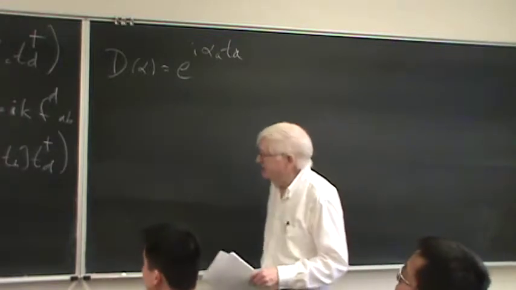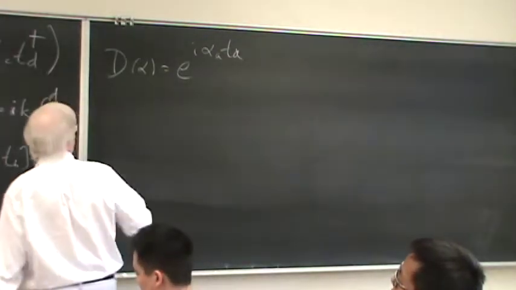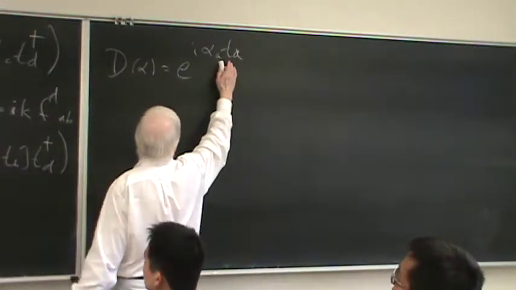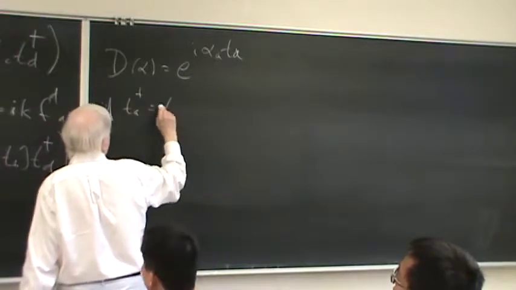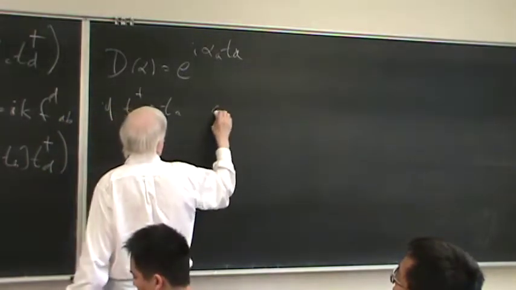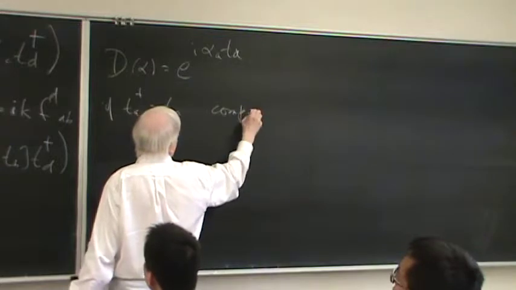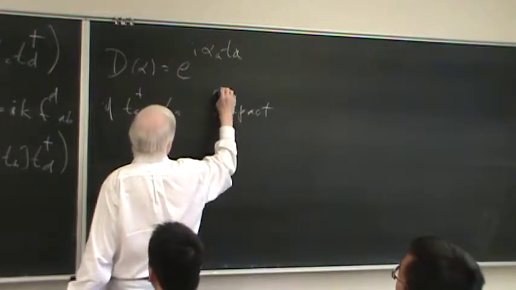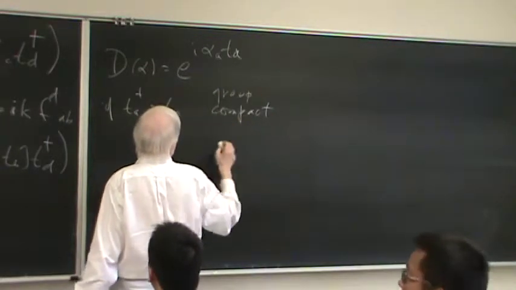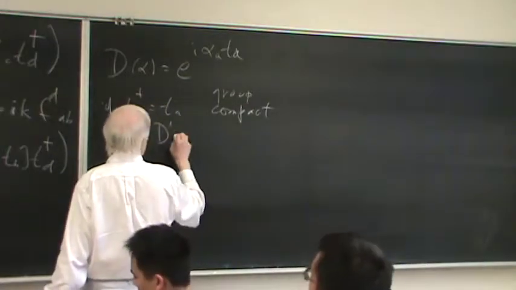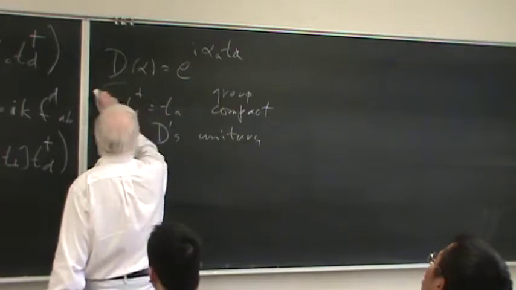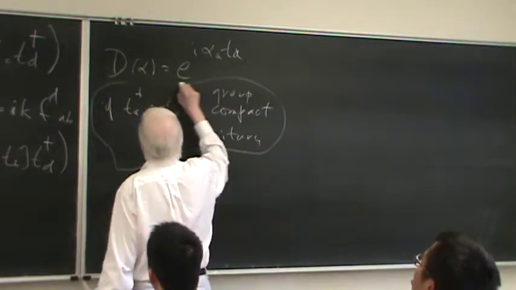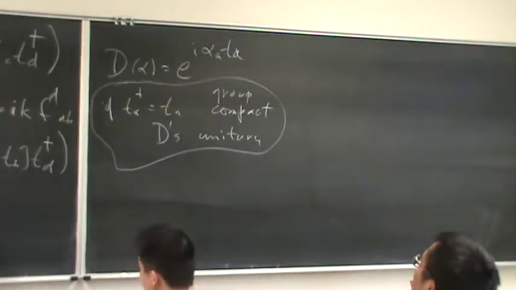Now, compact Lie groups, on the other hand, if the T's are Hermitian, then the group is compact. So the group is compact, the D's are unitary. And let me just put that in the bubble because it's not the general case.